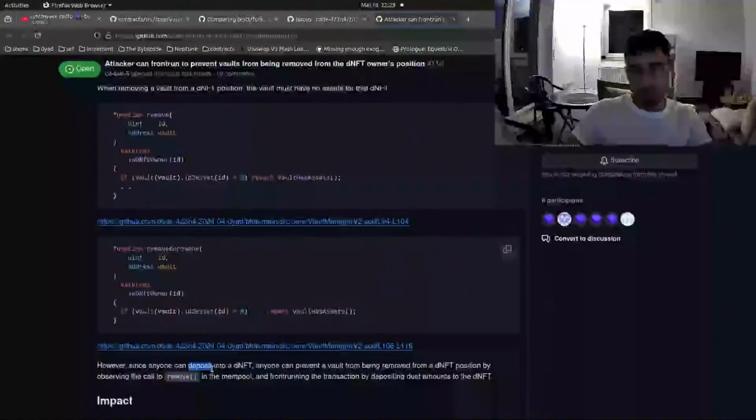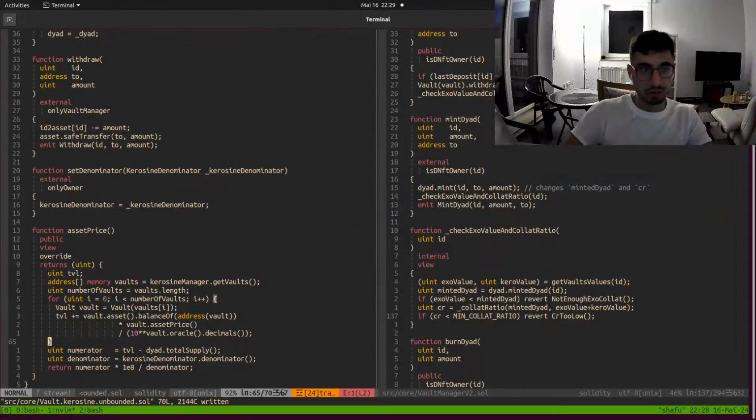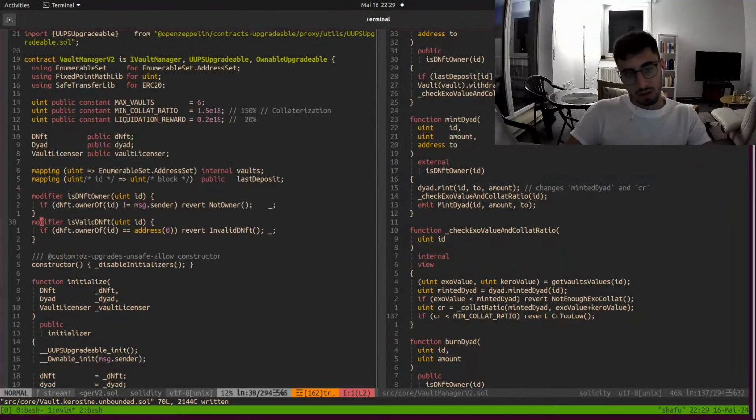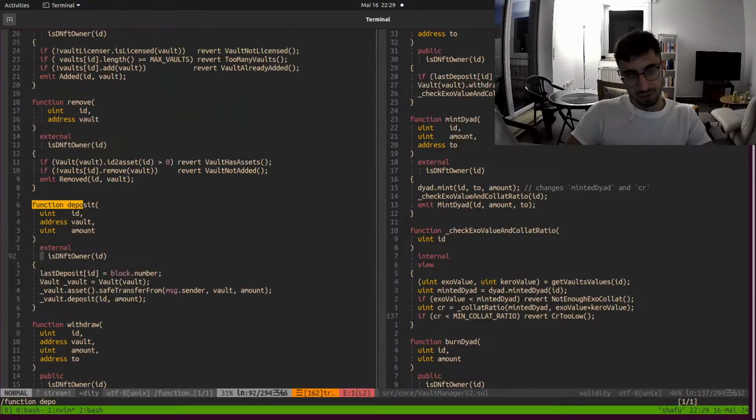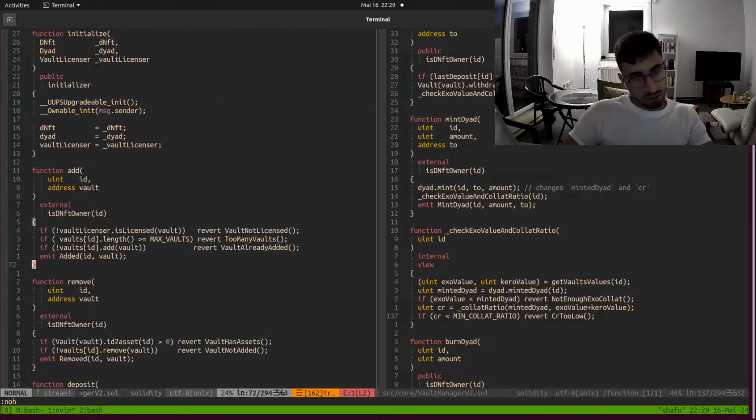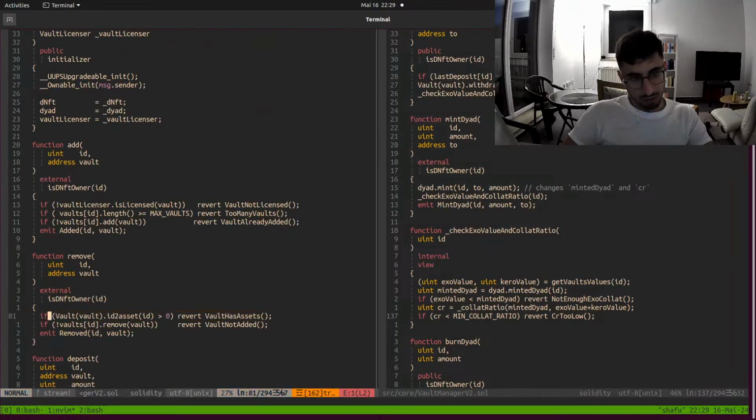Yeah, this issue was again because of the function deposit. This was basically for any valid NFT anyone could deposit, but because we have this require, basically if it has some assets, we cannot remove it.